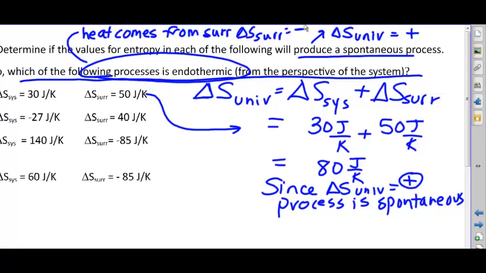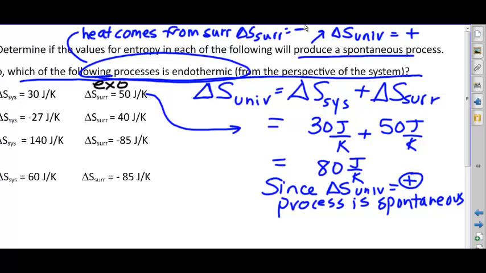You look at delta S of the surroundings. And if it's positive, that means their entropy went up. The reason their entropy went up is because they absorbed heat from the system. So this one would be exothermic, not endothermic. Okay, you need a negative delta S of the surroundings in order to be endothermic. You can see how this gets confusing, okay?